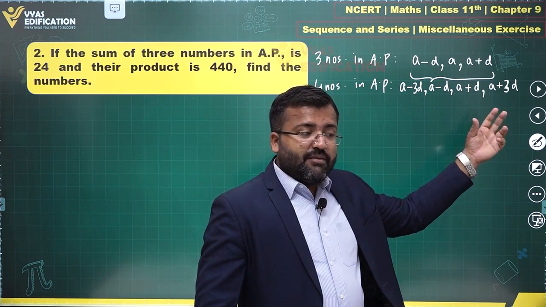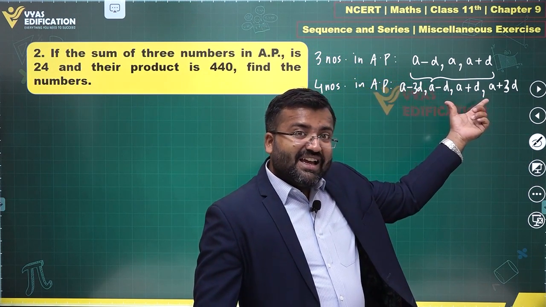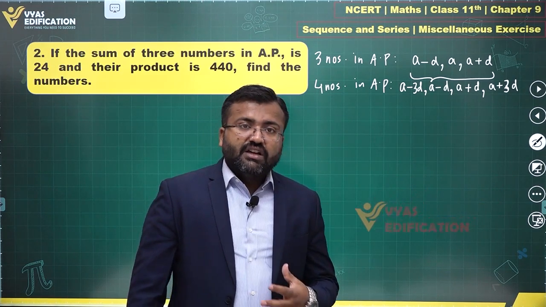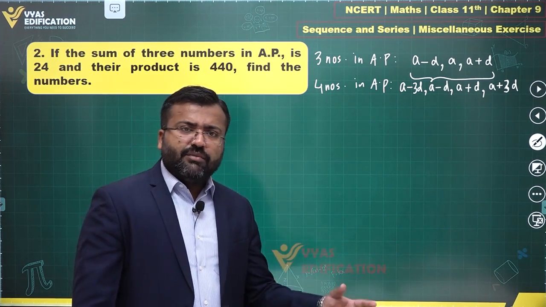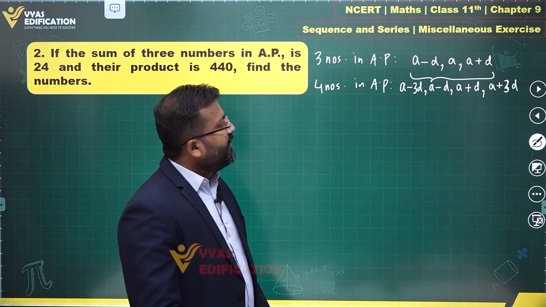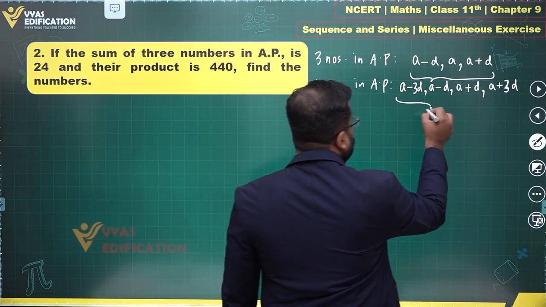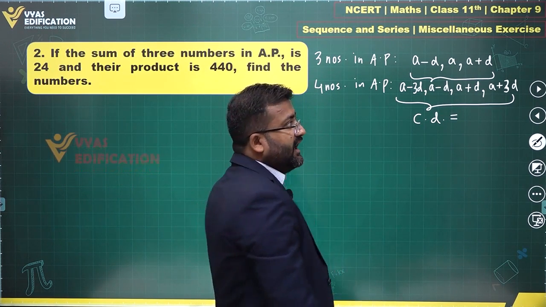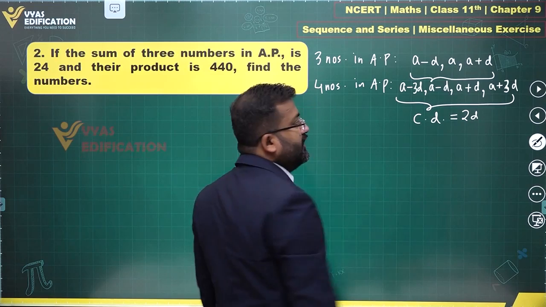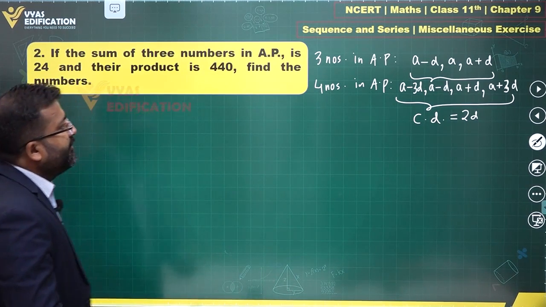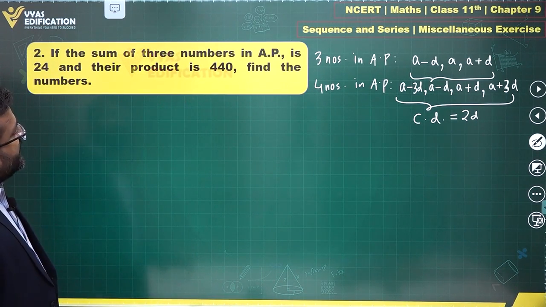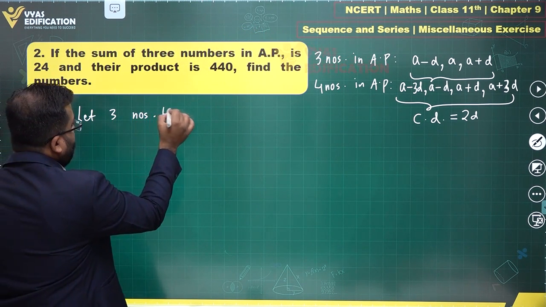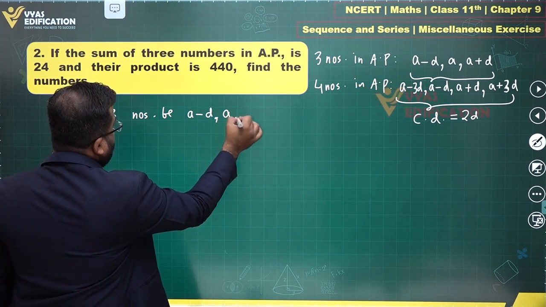If you are given four numbers in AP and the sum is also given, you can directly take the numbers as this, and you directly get the value of a, right? One of the parameters is solved with one condition directly. The important thing to note in this one is that common difference is not d, it is 2d, as you can see. 2d is the common difference, right? Take care of that. So here the person says if the sum of three numbers in AP is this, so let three numbers be a minus d, a, a plus d.